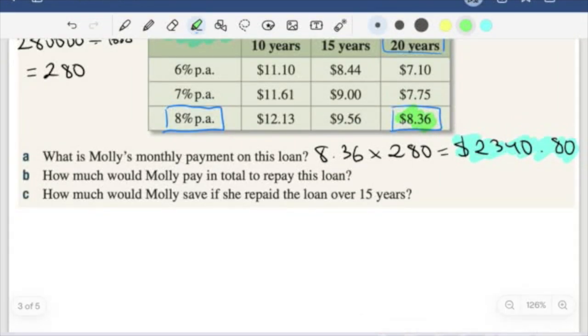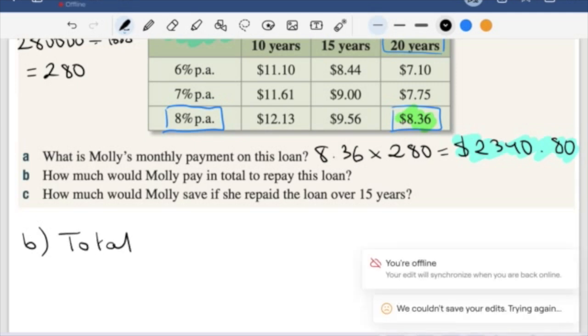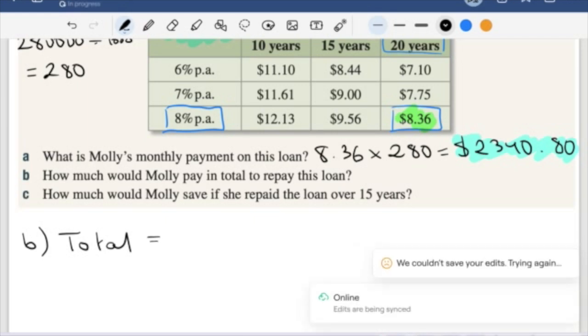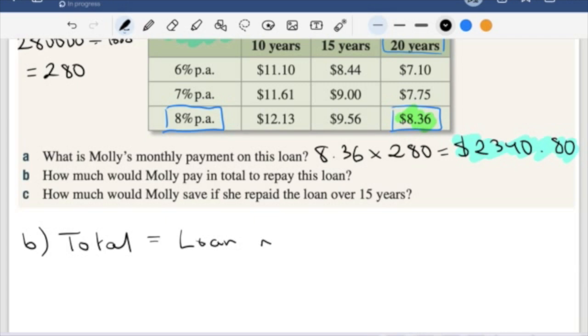Part B says, how much would Molly pay in total to repay this loan? So we're going to recall that to find our total to be paid, we're going to take our loan repayment and multiply this by our number of repayments.